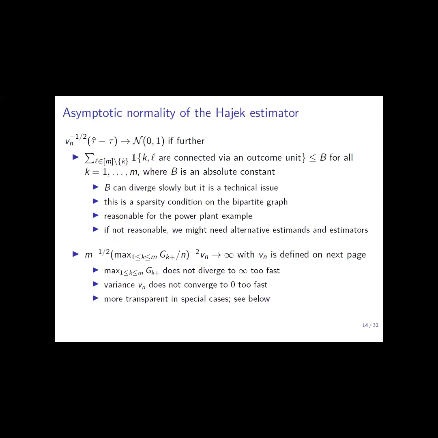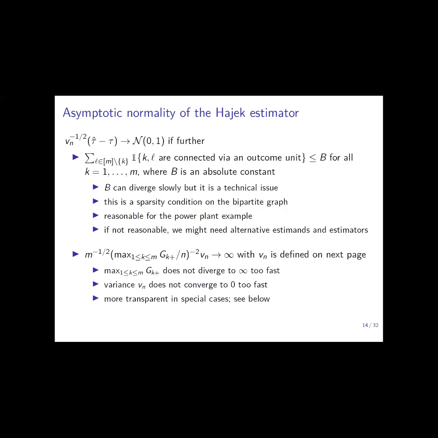Second, asymptotic normality. Unsurprisingly, you can prove asymptotic normality if you standardize your estimator under another two conditions, in addition to the first two conditions for consistency, with more restriction on sparsity. For the first condition, how do you read it? If you fix an intervention unit K, you count how many intervention units are related to it. How do you define it?